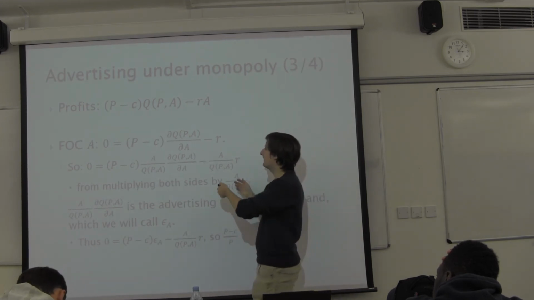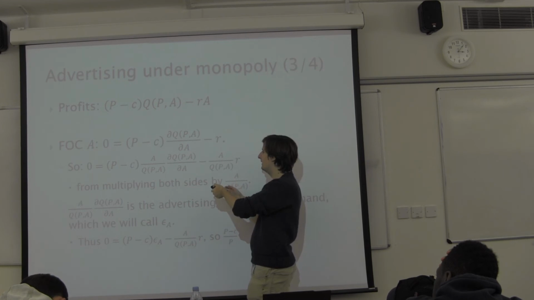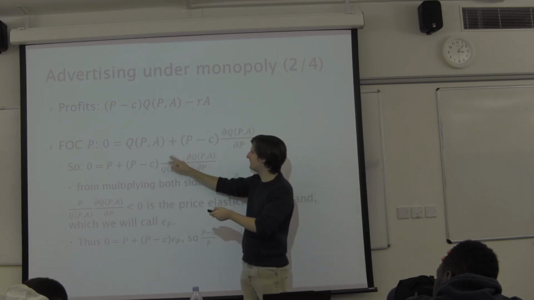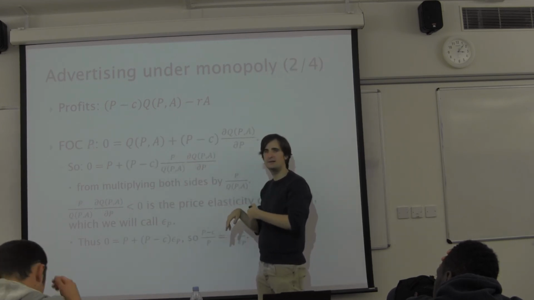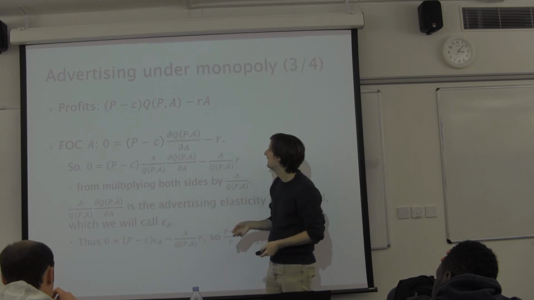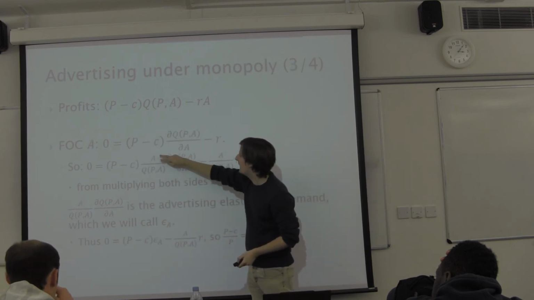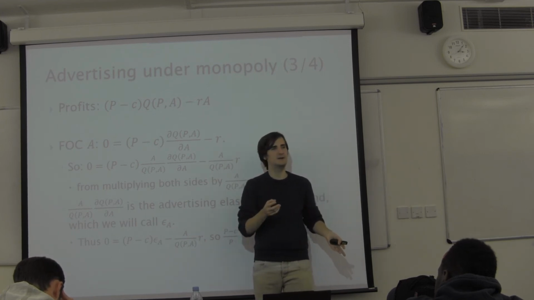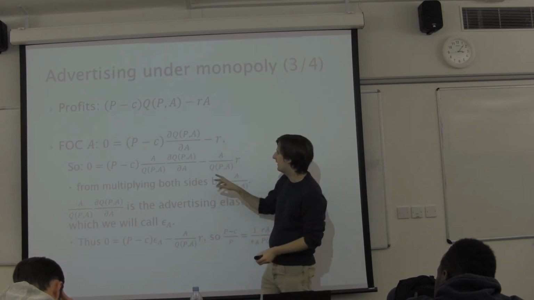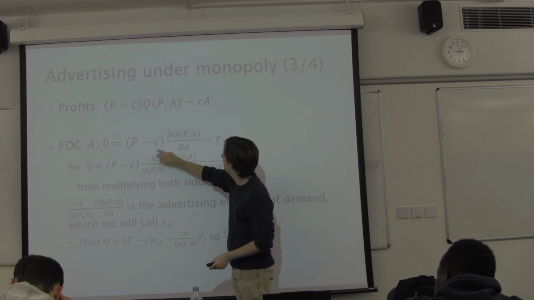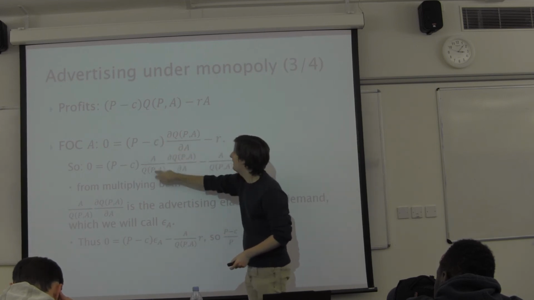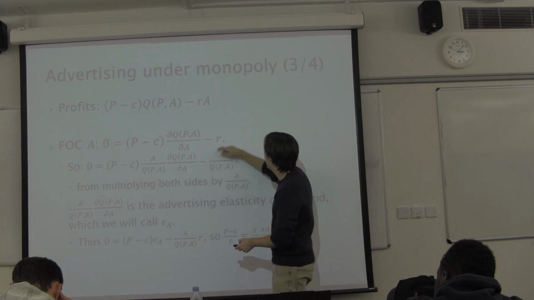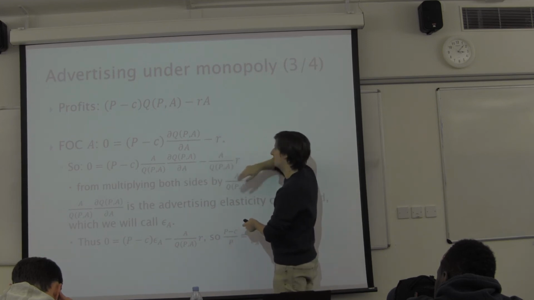And then we're going to do the same thing that we did before. Before we multiplied by P over Q to get the price elasticity of demand. Now we're going to multiply by A over Q to get the advertising elasticity of demand. So we multiply both bits by A over Q. You get an A over Q there, and you get A over Q times R there.